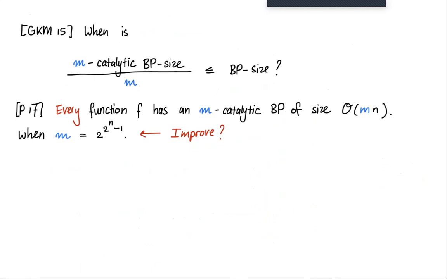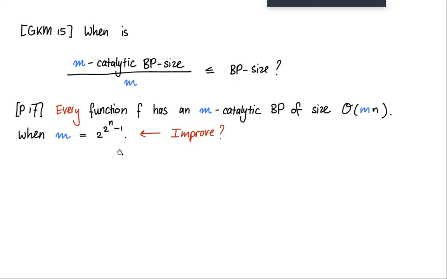So Girard, Koucký, and McKenzie asked when the M catalytic branching program size divided by M is smaller than the branching program size. And they showed that every function f has an M catalytic branching program of size M times n, when M is like this doubly exponential function.